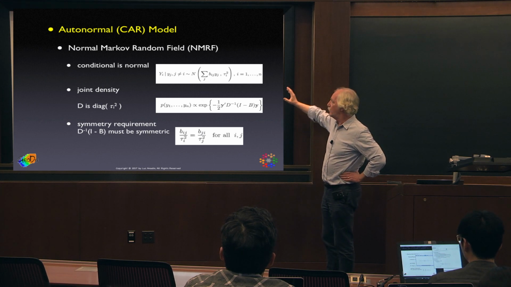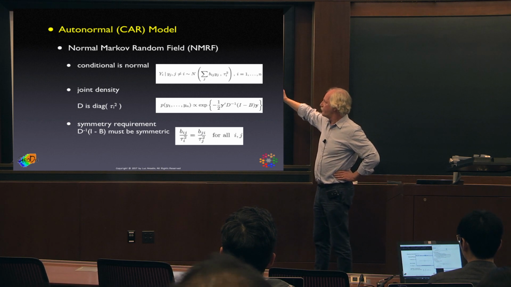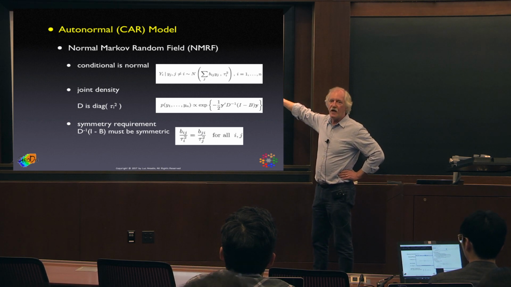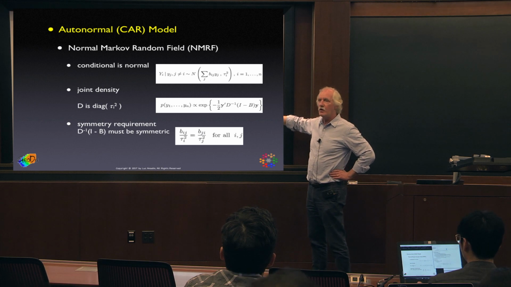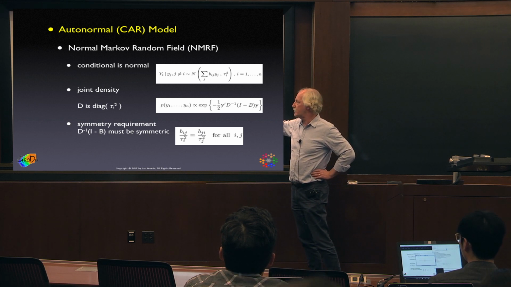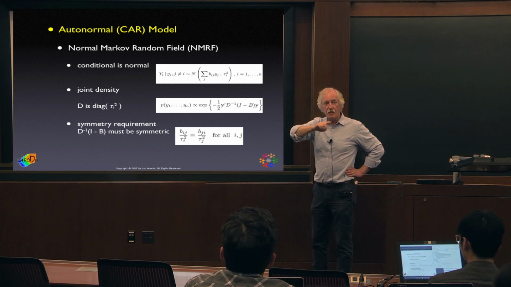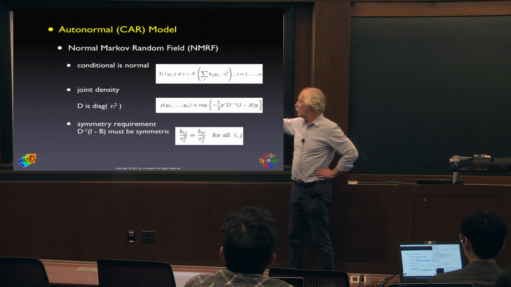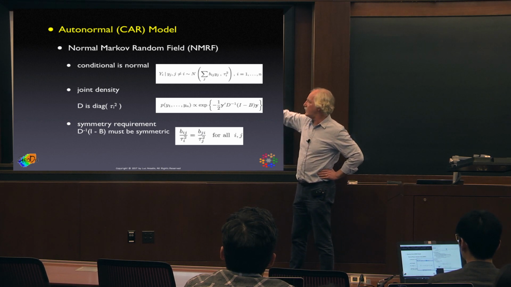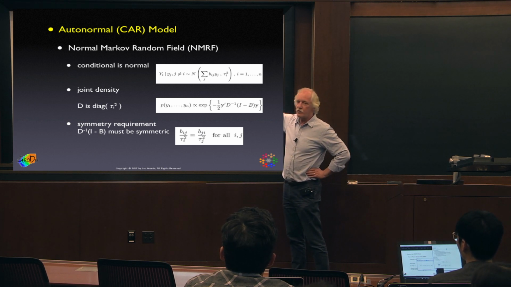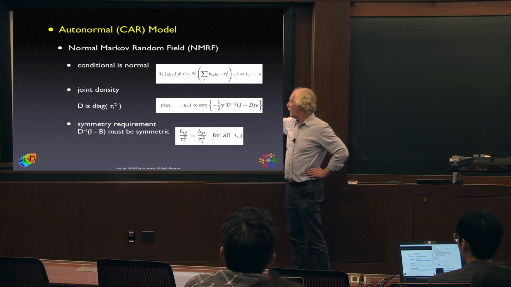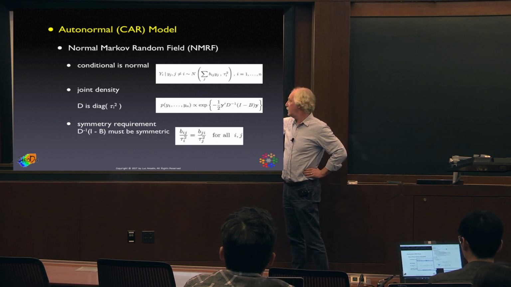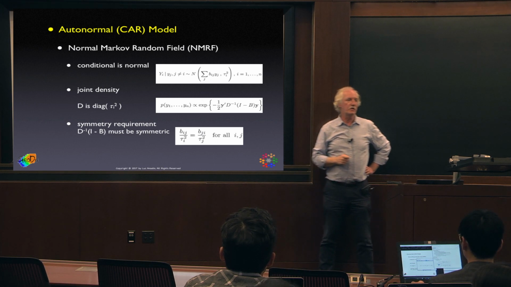Because it tells you the kinds of constraints involved. So this model is fine, and with some hocus pocus in algebra, you can show that its joint density, so the joint density that you build up from all these conditional ones, takes this particular form. So D inverse is a diagonal matrix with the inverse of the variance terms on it. I is your identity matrix, and B is the matrix of all the b_ij coefficients.